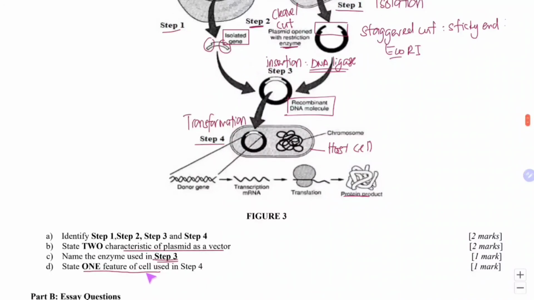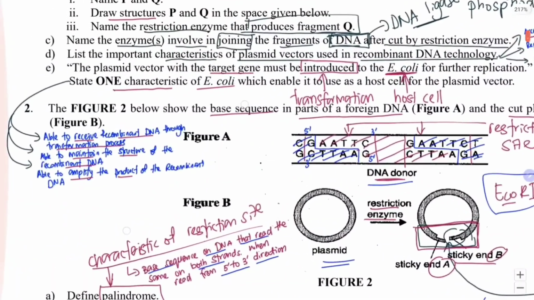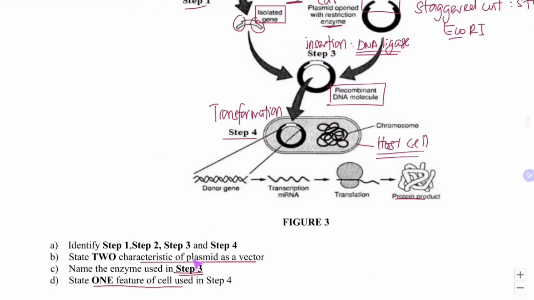So one feature of the enzyme tu samalah one characteristic of the cell, bukan enzyme, one characteristic of the cell used in transformation. So maksudnya characteristic of host cell ni lah. So ni pun sama saya dah discuss tadi. So pilih je mana-mana daripada 3 characteristic of host cell. So that's it for question number 3.